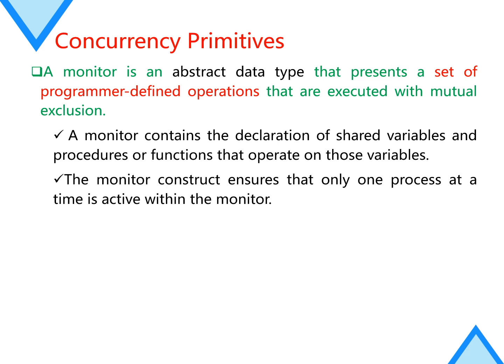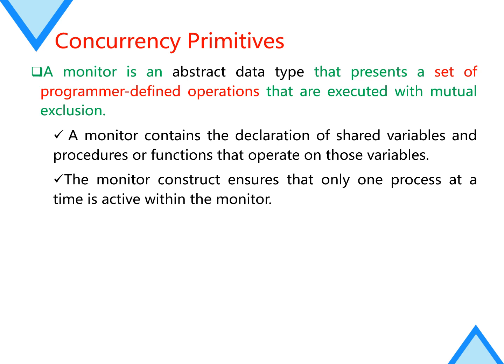A monitor contains the declaration of shared variables and procedures or functions that operate on those variables. We have a shared resource, and we have a semaphore variable in the form of a shared variable, and we have some steps or functions or code or procedures that operate on those variables.